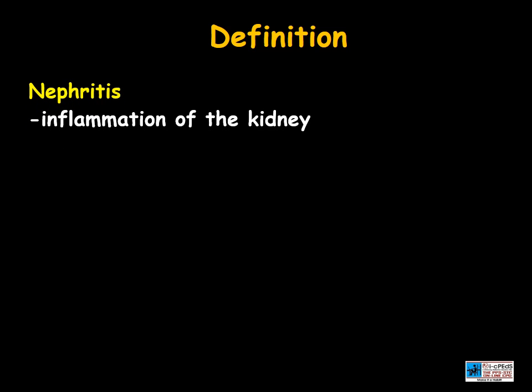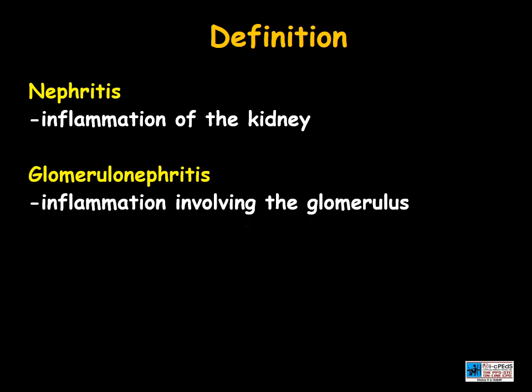For the purpose of this module, let us define some terminologies. Nephritis. It is the inflammation of the kidney. Glomerulonephritis. It is the inflammation involving entirely the glomerulus.